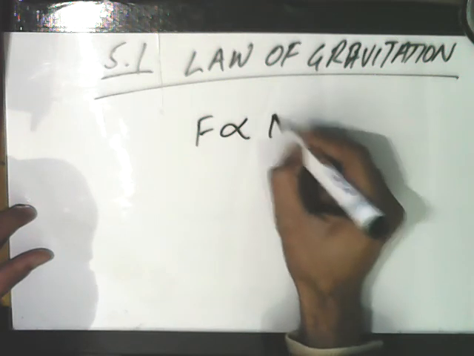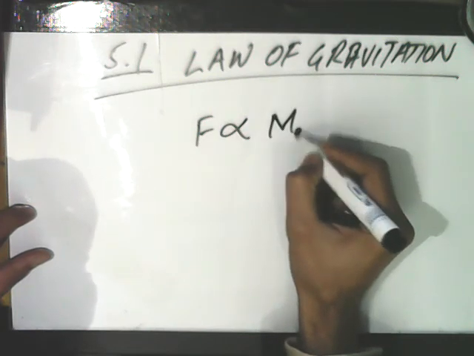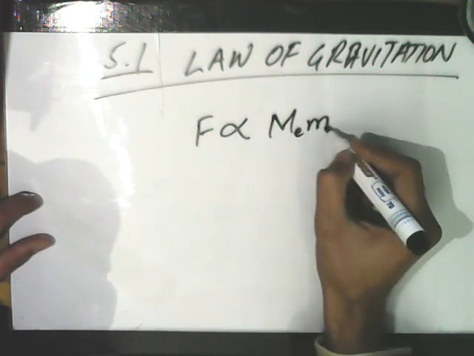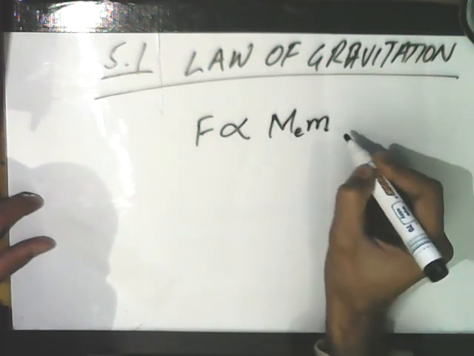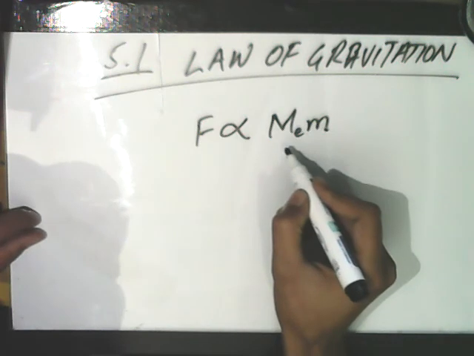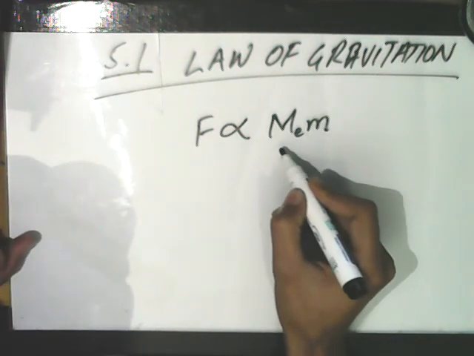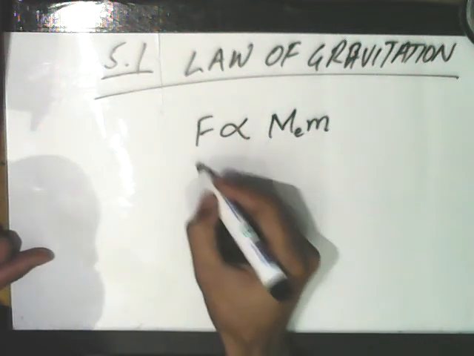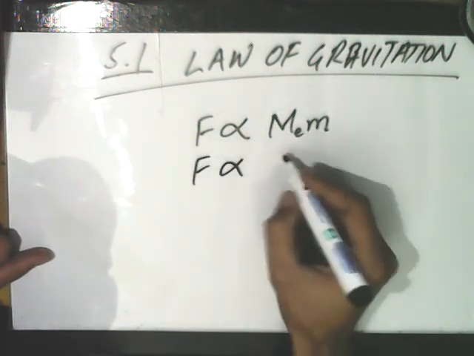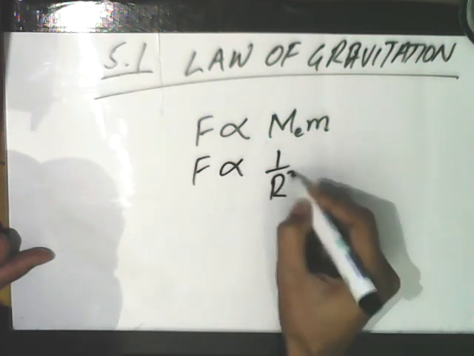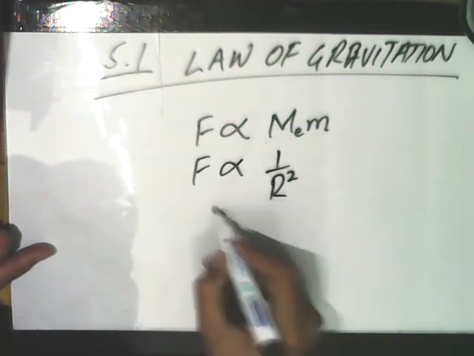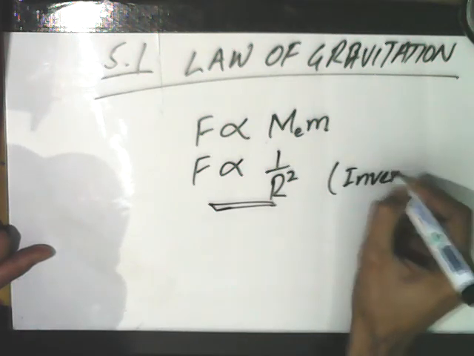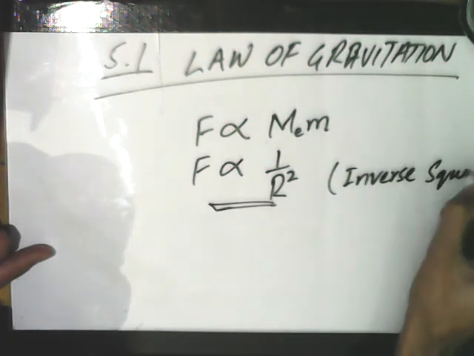For example, if we're trying to calculate it for Earth, we'll say capital M-E, and let's take the small mass as me, and we do know that the force is inversely proportional to the square of the distance between them. Now this term is very important. This is why this is called the inverse square law.